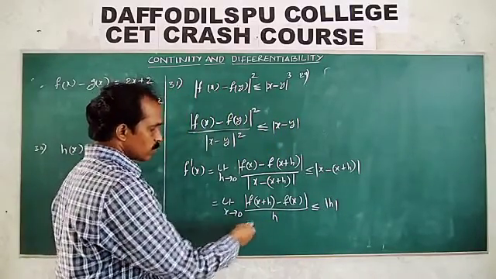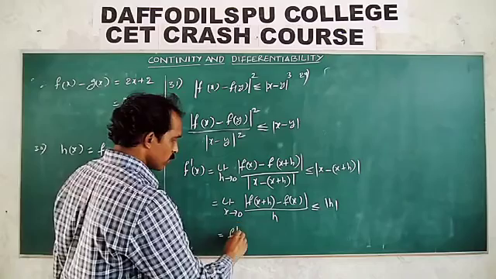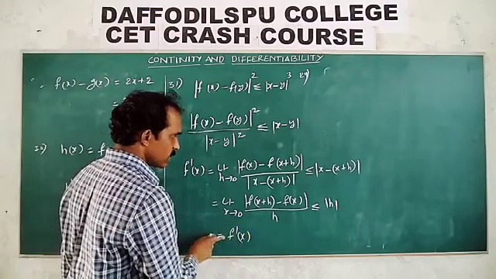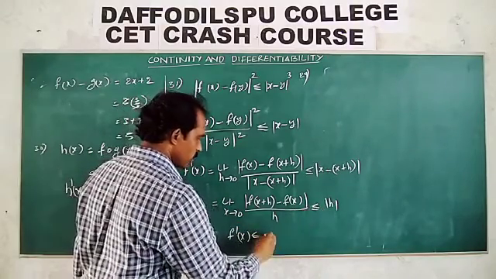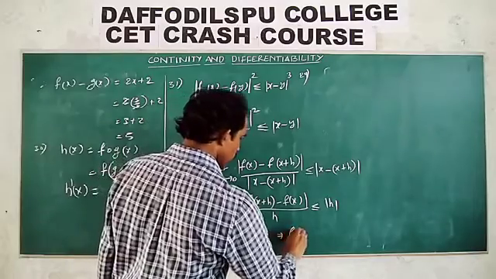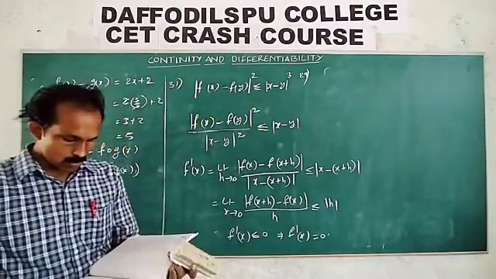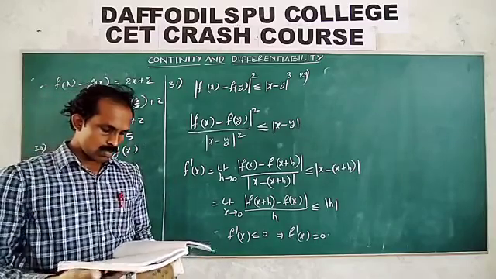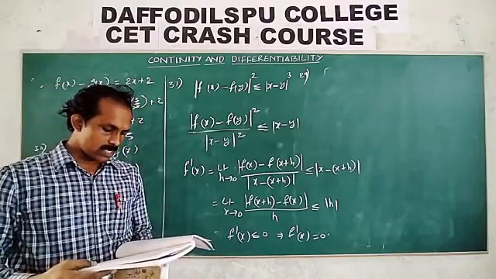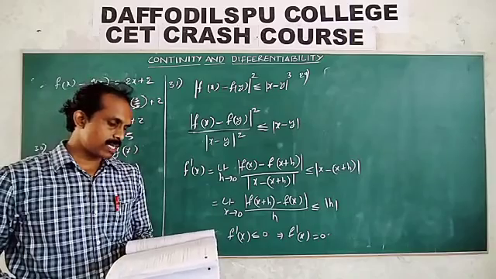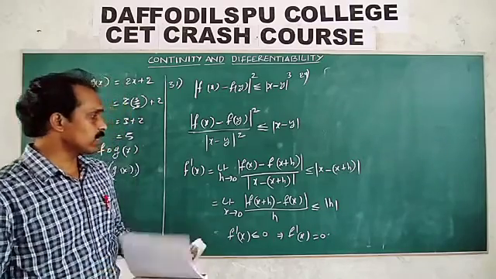This value, first principle, what is this value? So therefore f dash x less than or equal to h to 0, that implies f dash x is equal to what? 0. The f dash x value is equal to 0. Therefore which option is the correct answer? Third option is the correct answer. Okay, clear?